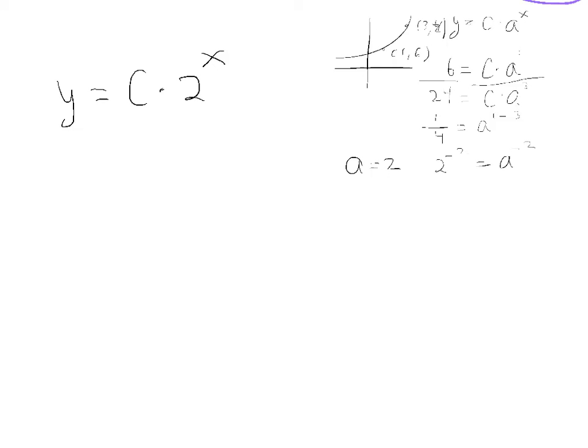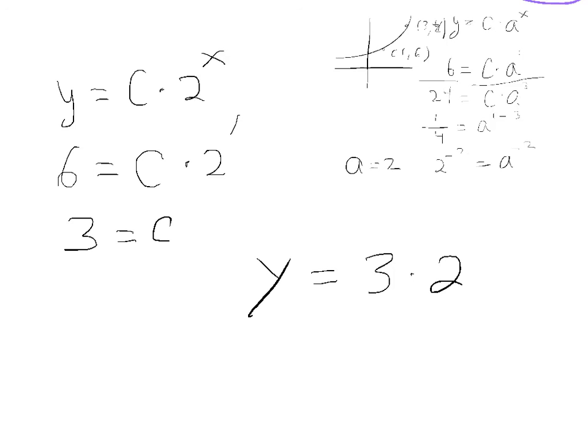Now I'd like to find the c value, so again I'm going to put one of those points back in. So we're going to go 6 equals c times 2 to the 1, putting that point in. So c is 3. So the equation of this thing is y equals 3 times 2 to the x, and that will be that function.